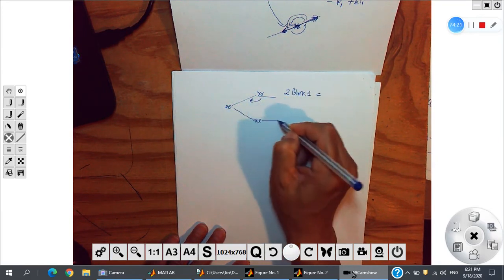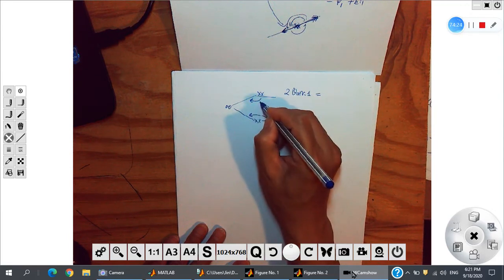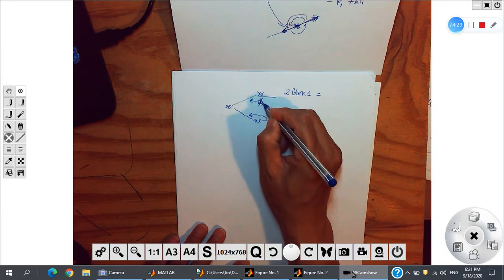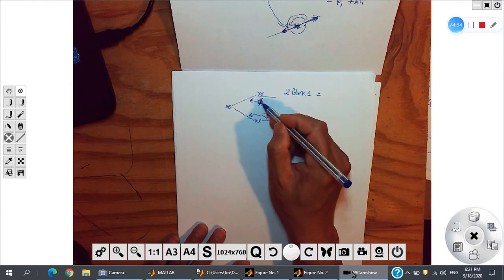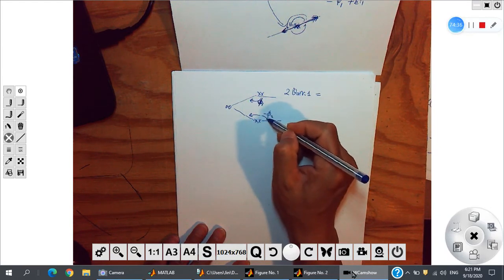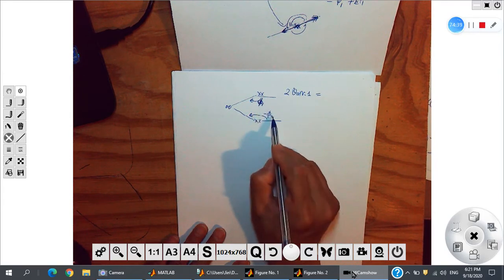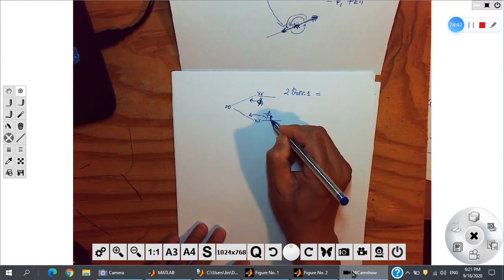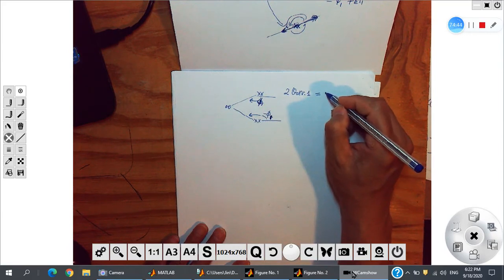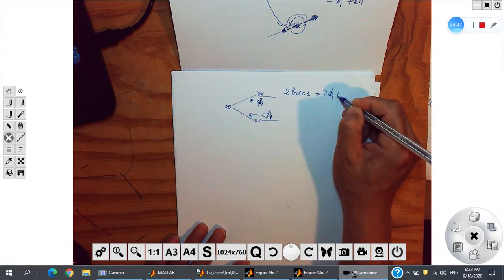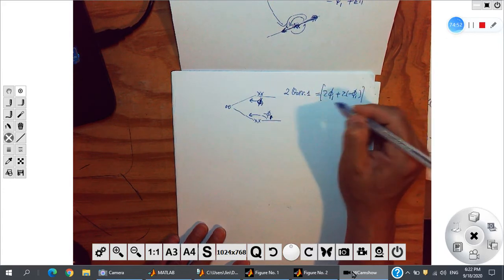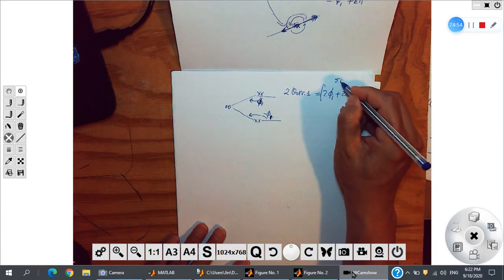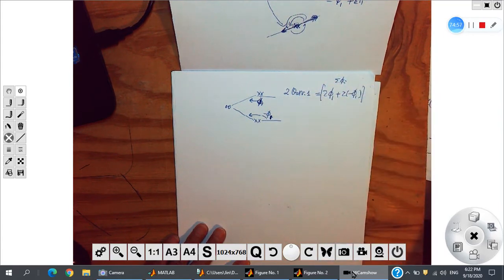And this angle, I say this is phi 1, and this will be negative phi 1, right? Opposite direction. Actually, this is a negative angle. This is a positive angle. They are opposite. So this is phi 1. This is phi 2, negative phi 1. So I have 2 of phi 1 plus 2 of negative phi 1. These are the summation of phi i.